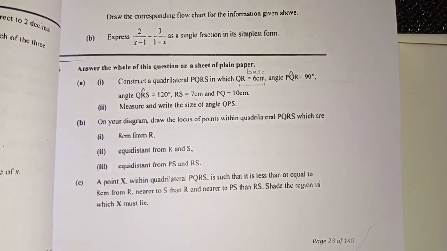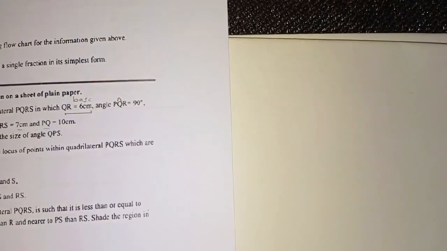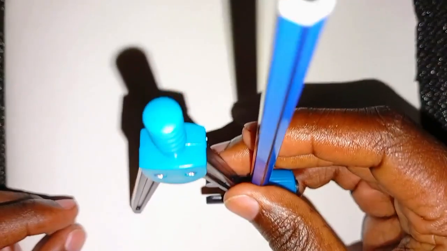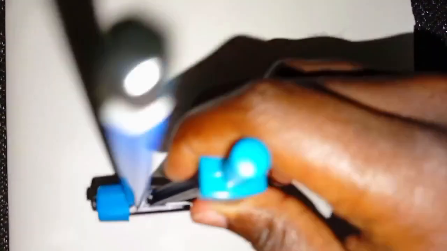Here is how you're going to do it. On the piece of blank paper, at the center, you place the compass and make an arc on this side. Then you stand on the same place where you made your arc and make another one.